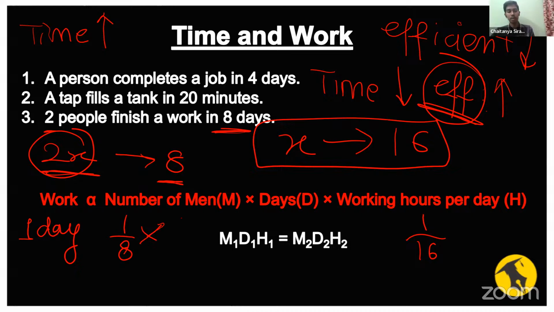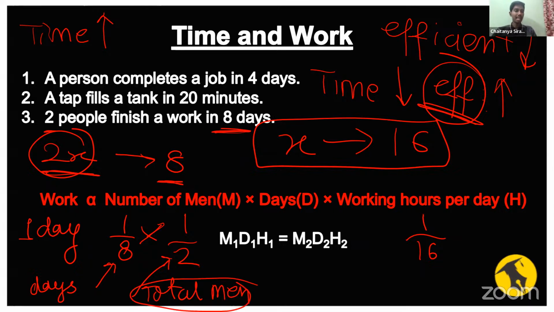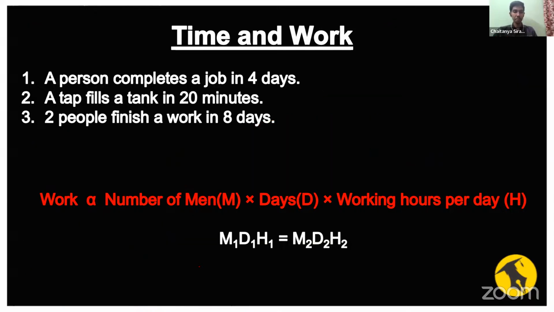I simply multiply it by 1 upon 2. So this is my total number of days taken, and this is the total number of laborers. I'll explain this logic in detail when we solve some examples.